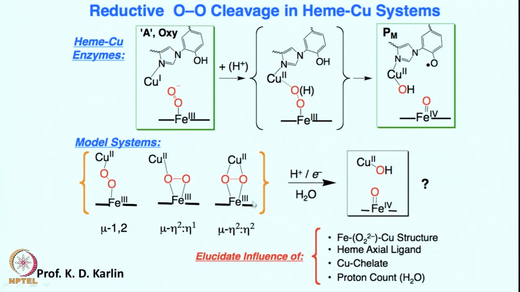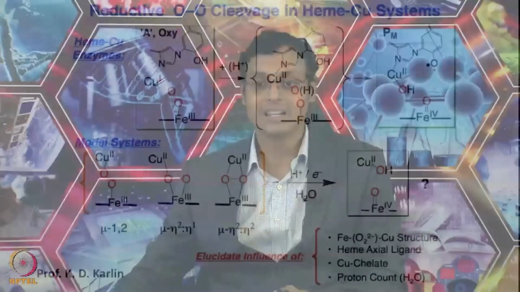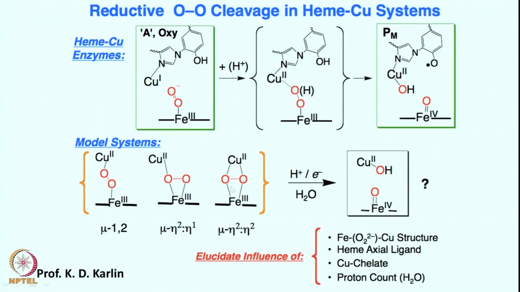We will try to start with this and try to see what is the role of an axial ligand. Is it necessary? The role of phenol, is it necessary? Although we have proposed already that this is what is most likely happening, we need to see whether these are really required or not, or without them whether these things would still go on, whether this oxygen cleavage will go on or not.